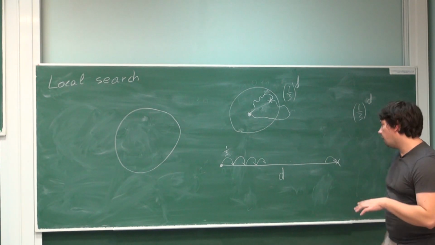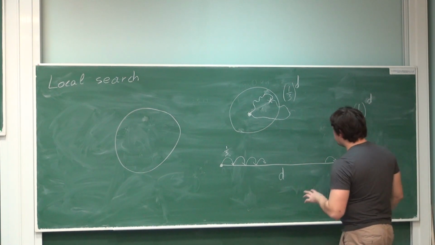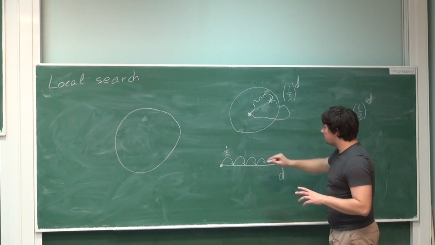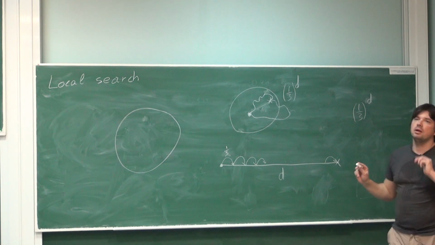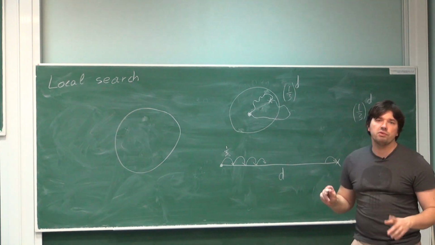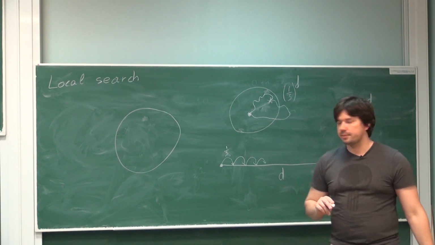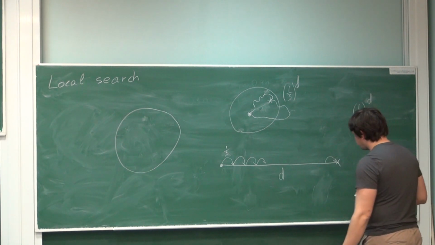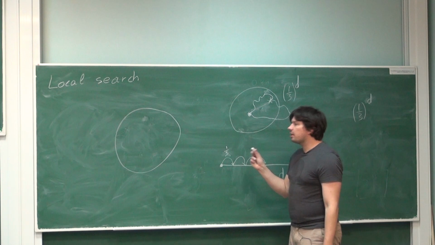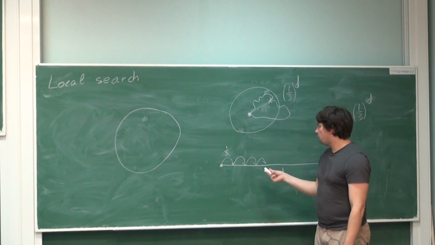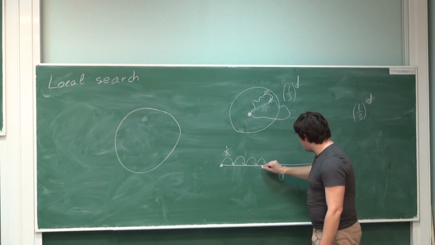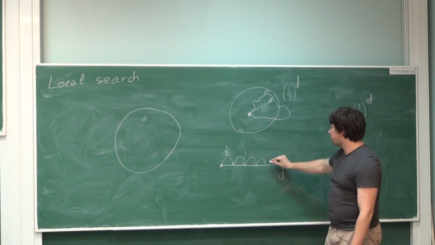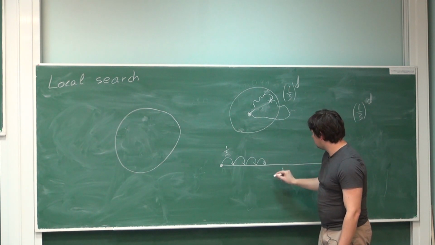Now, what if I allow d plus 2 steps? So now instead of doing just d steps, I'll allow my walk to continue for d plus 2 steps. What I'm claiming is that now it would go something like this. I will do some number of steps in the right direction.